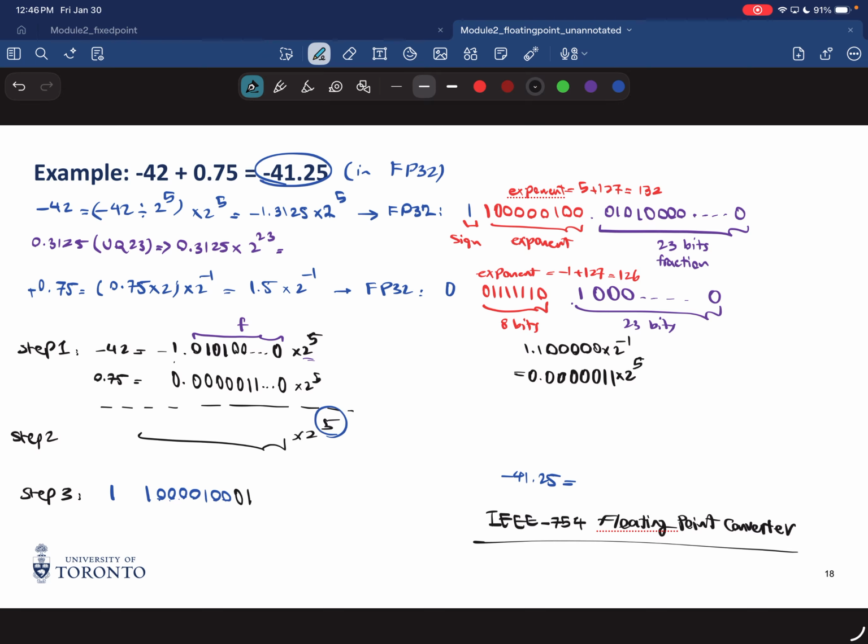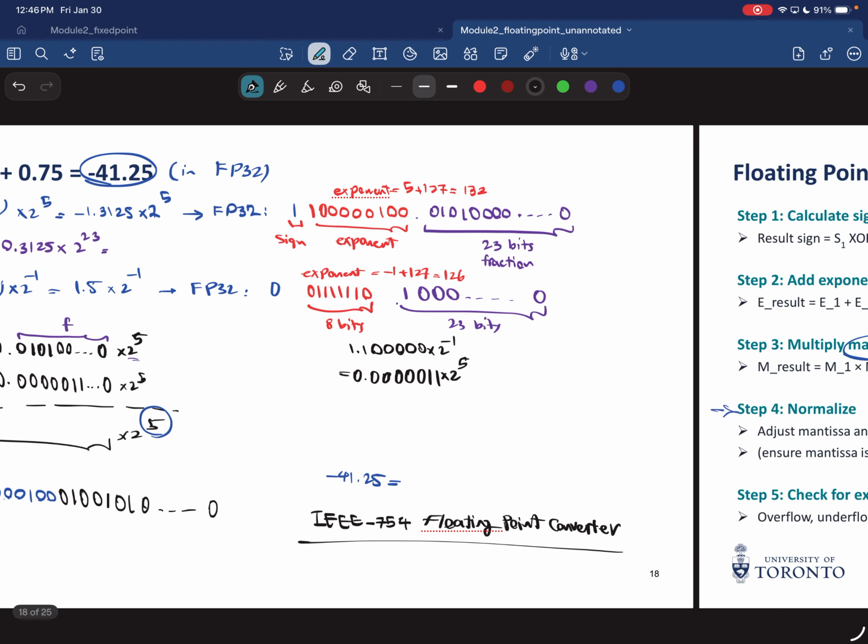Zero, 1, 0, 0, 1, 0, 1. Okay, I think I got it this time correctly. But yeah, double check it because I realized that my answer had a problem, so I had to correct this here.